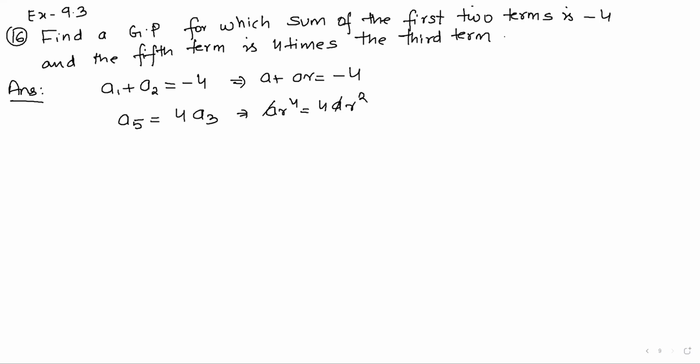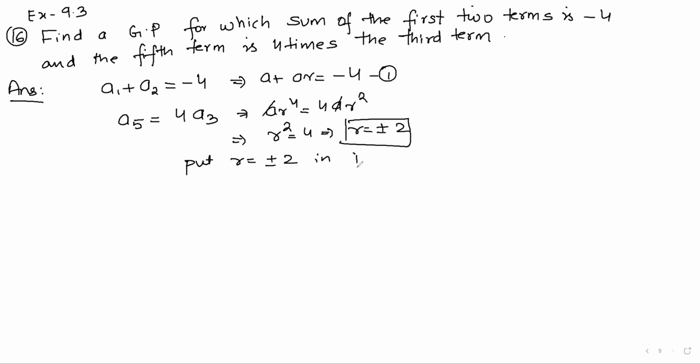Sir, I have two values of A: A is equal to 4, A is equal to -4/3. Okay, let me check. So this r square and this will cancel. So you will get r square is equal to 4 and r is equal to plus minus 2. Let this be 1. Put r is equal to plus minus 2 in 1. First put r is equal to 2: a plus ar is equal to -4.